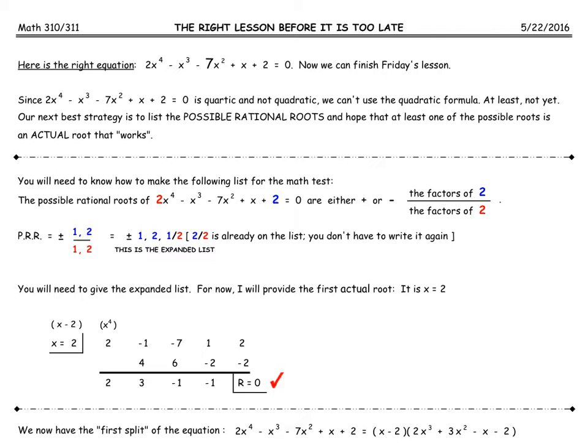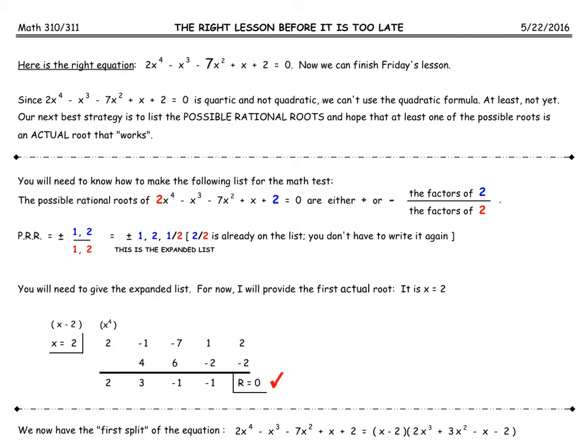So I made 1 over red 1, which I didn't bother to write, 2 over the red 1, which I didn't bother to write, the blue 1 over the red 2, which gave me 1/2, and the blue 2 over the red 2, which gave me the number 1, which I already had. So there are 4 numbers that I can make, one of them being a double, so it's actually only 3 roots that could possibly be solutions to this equation.